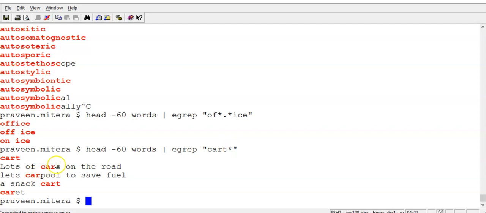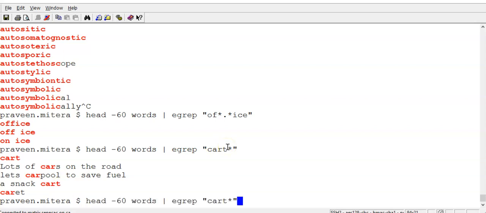So in this case, it matches the 0 character. CAR matches, but T has been made optional with the asterisk. And then after that, it doesn't matter. So either car or cart, even if there was an extra T here, that would still qualify because it's going to allow multiple T's here.